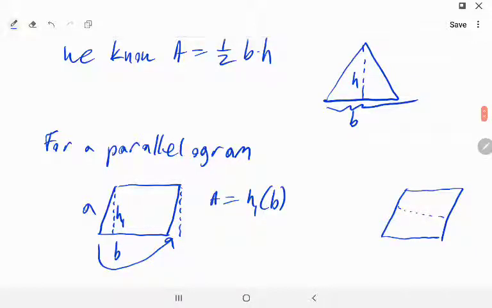We can imagine height 2 as being the distance from one A side to the other A side, and let's draw it this way.